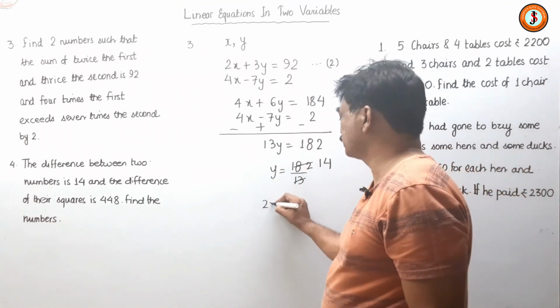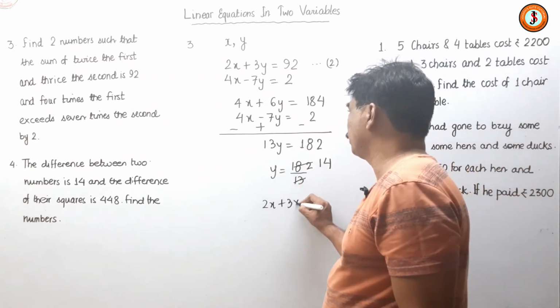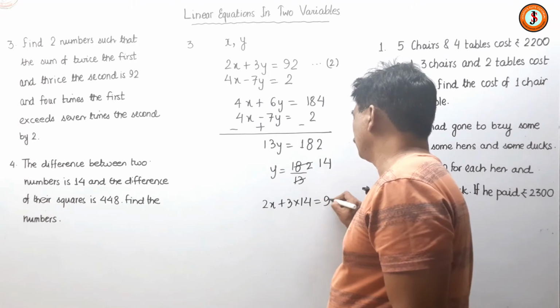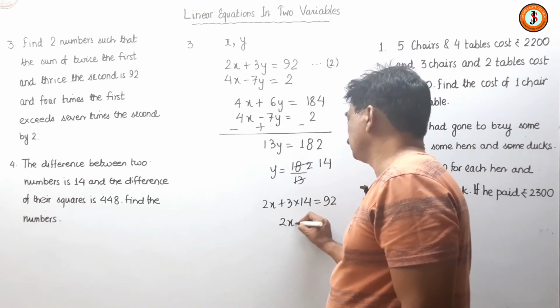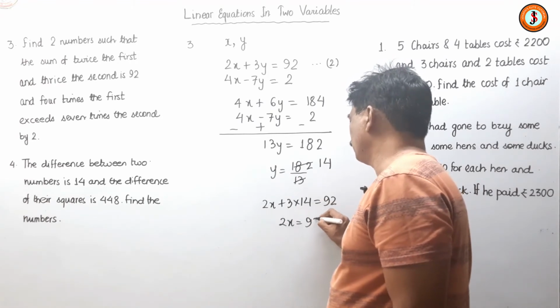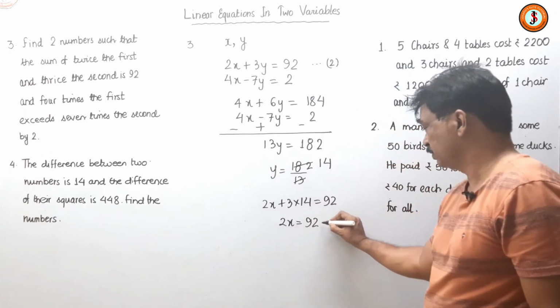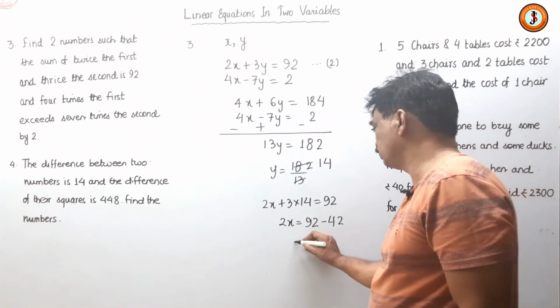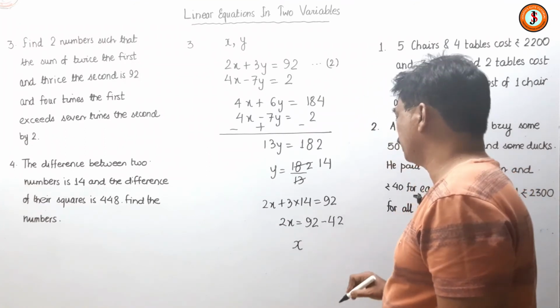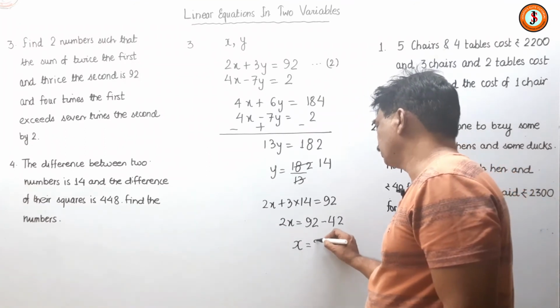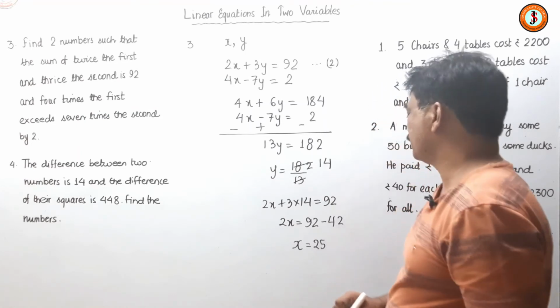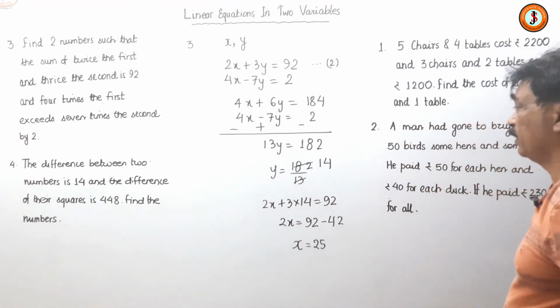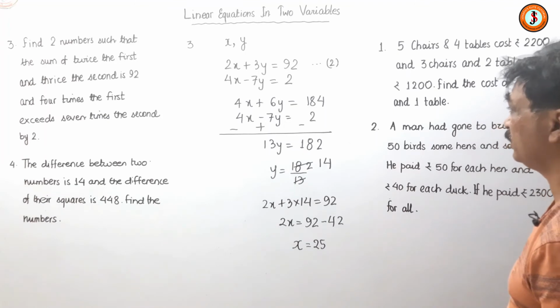Now 2x plus 3 into 14 is equal to 92. So 2x is equal to 92 minus 14 into 3, so 42. So 2x is equal to 50, so x is 50 by 2, that means 25. So x is 25 and y is 14.